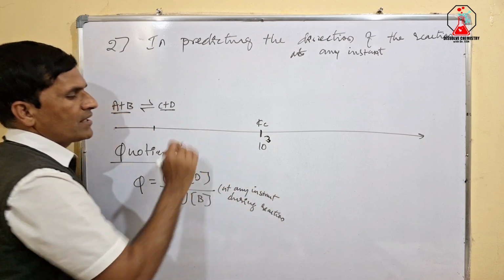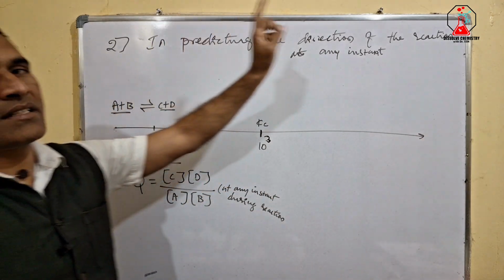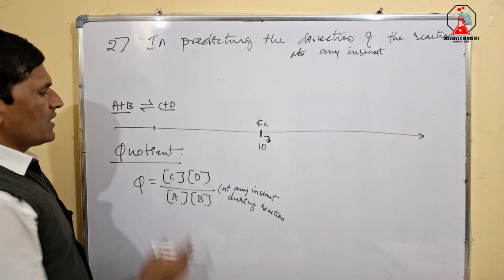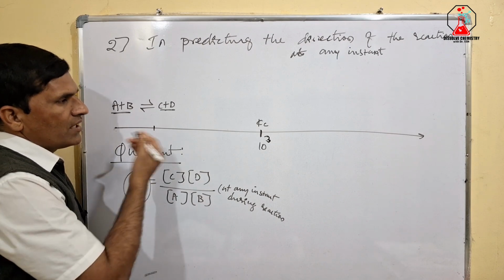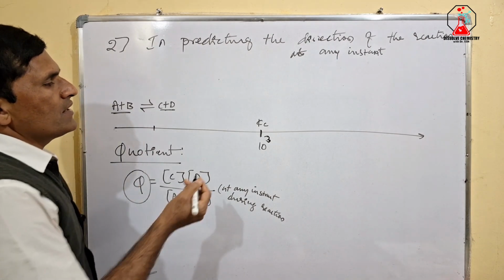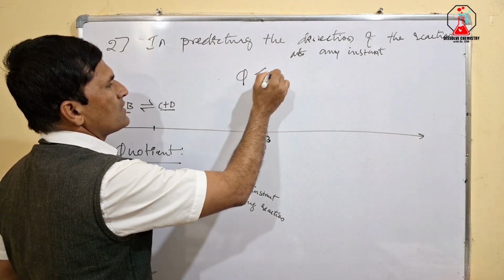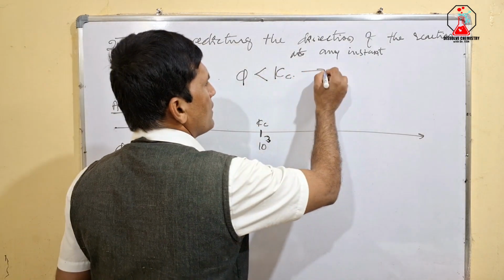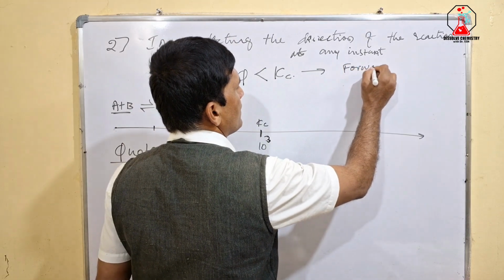How can we make this a tool for identifying in which direction the reaction is heading? If this Q value for a given reaction is less than the equilibrium constant, Q less than Kc, then always remember the reaction will be in the forward direction.